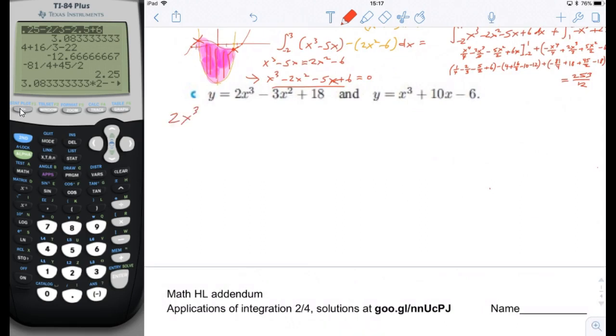So we could do 2x cubed minus 3x squared plus 18 minus x cubed minus 10x minus 6, and that would give us x cubed minus 3x squared minus 10x plus 24 equals 0. When does that happen?